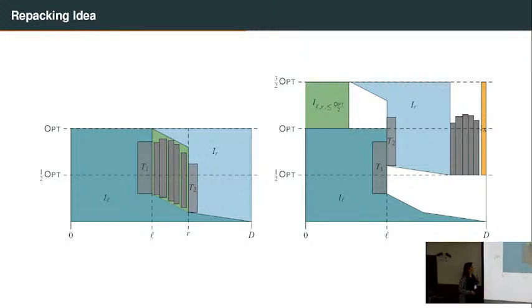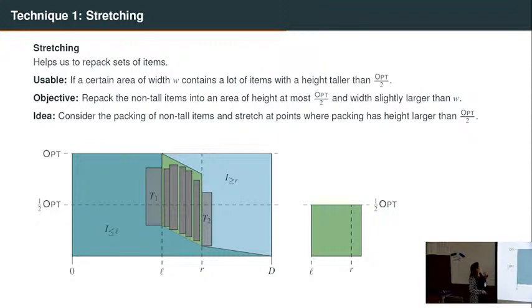And to do this rearranging, we use two crucial techniques. This one here I have not seen before. I don't claim it's new, but I have not seen it before.